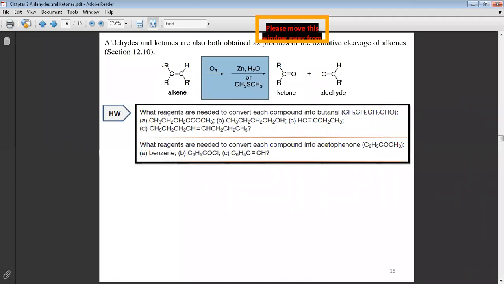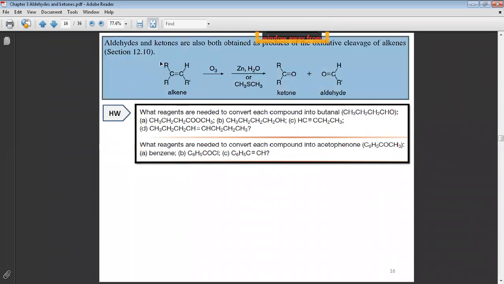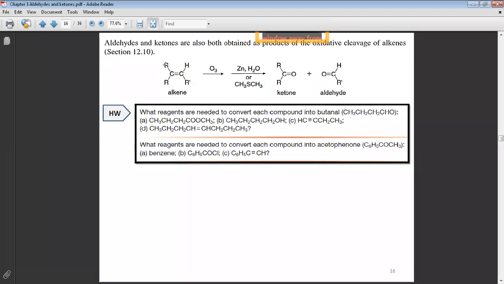Look, if we have here an R group and we have hydrogen and an R group, that means this part gives you ketone and this part gives you aldehyde.